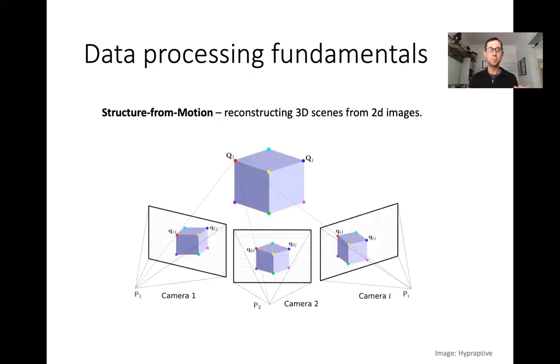And this is possible because of computer algorithms that were invented about 15 years ago for automatically identifying common points in adjacent images. So in this case, we've got 3 different images of this cube, and they've got different corners. The two that are labeled Q1 and QJ.